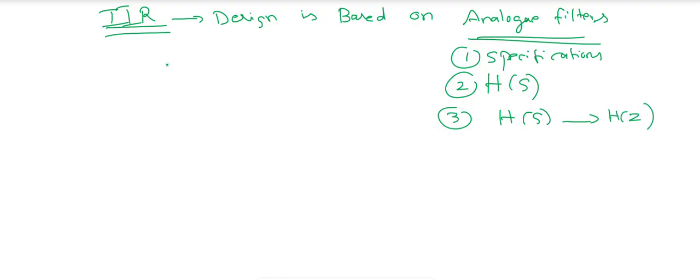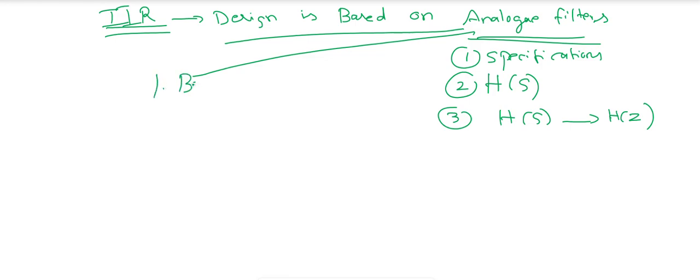So the two popular analog filters are one, the Butterworth low pass filter, and second, the Chebyshev low pass filter.